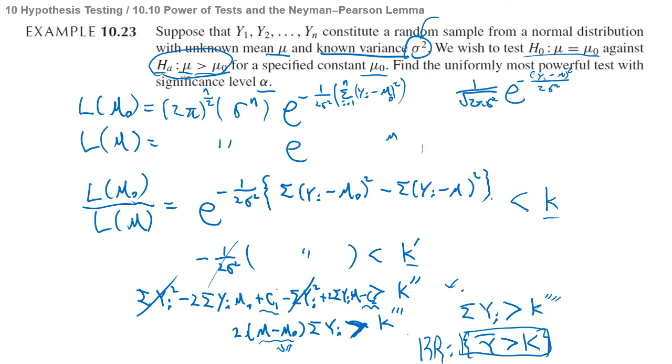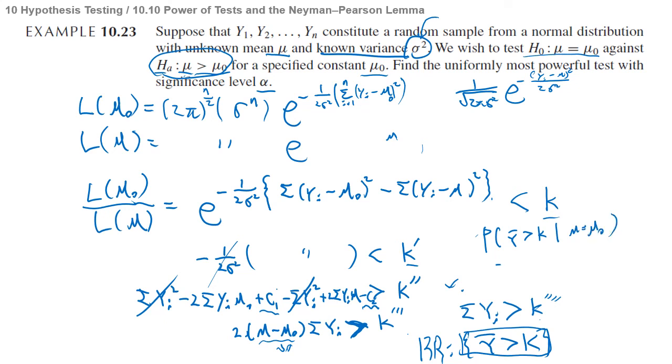And to calculate the alpha level, to calculate k, what we usually do is to calculate the probability of y bar greater than k under the null, mu equals mu 0.